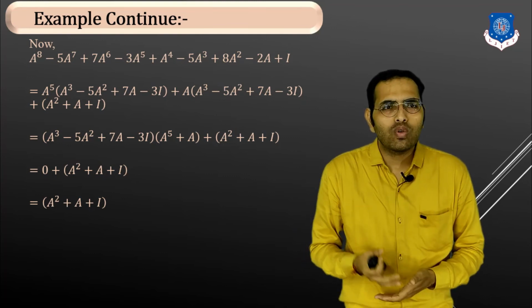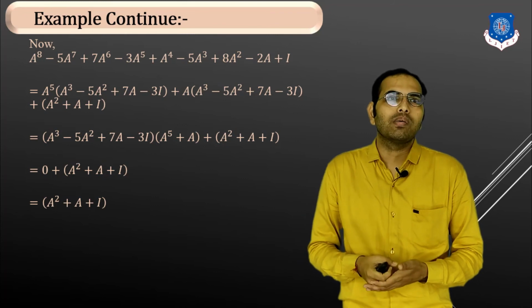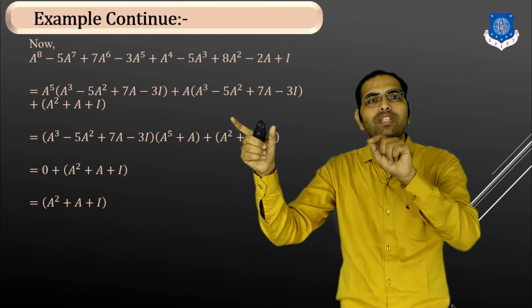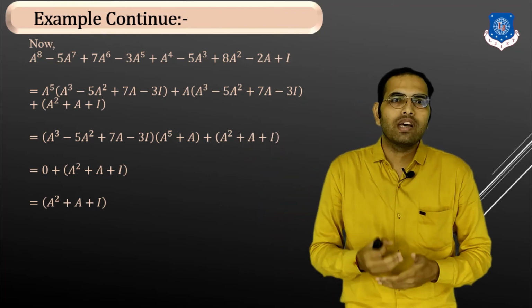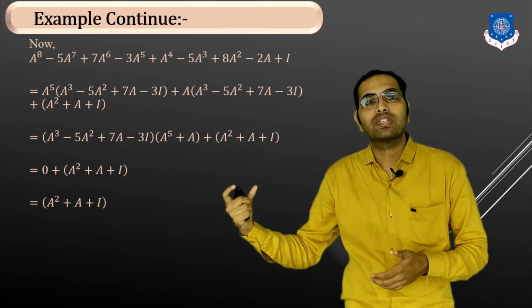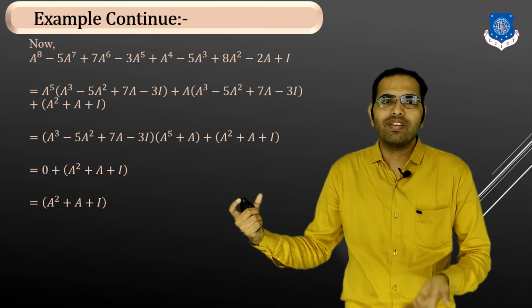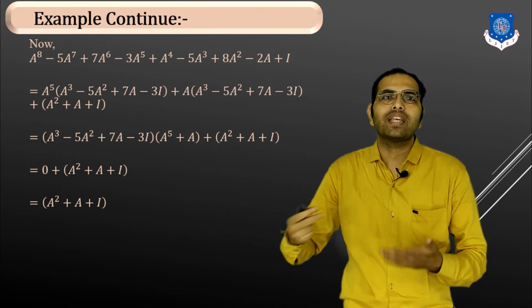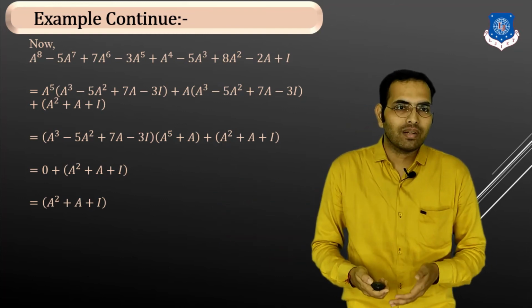You can also use the division method, meaning the long polynomial is divided by A^3 - 5A^2 + 7A - 3I, as you like. If you use the division method, then the remainder portion, A^2 + A + I, is exactly our answer.